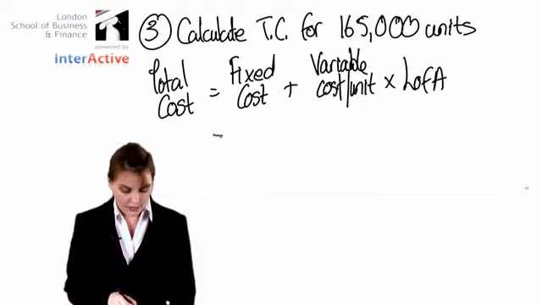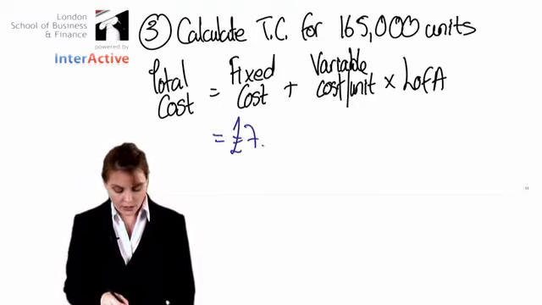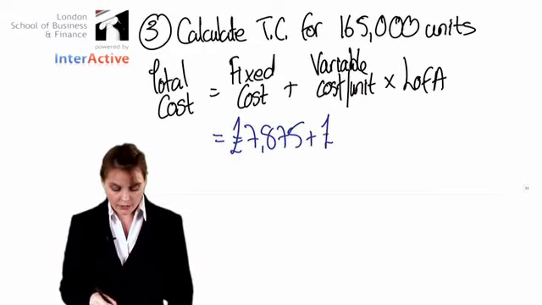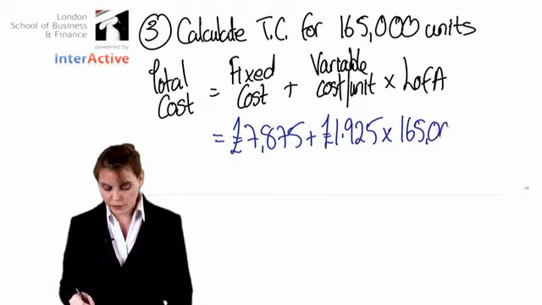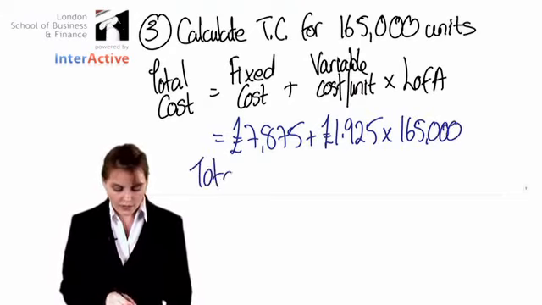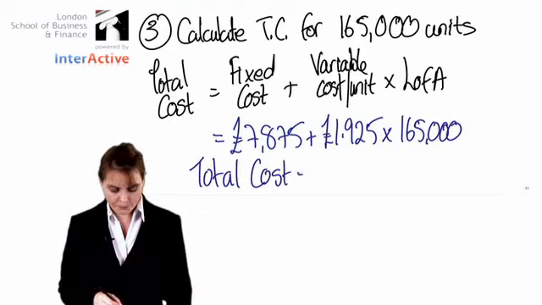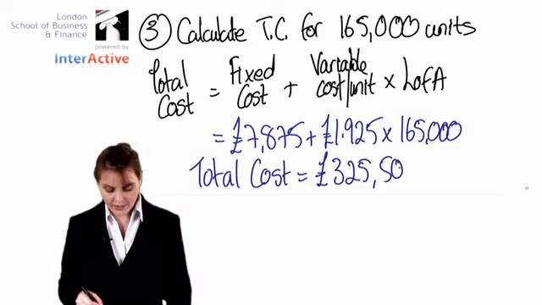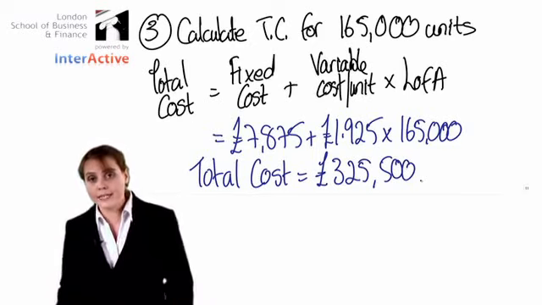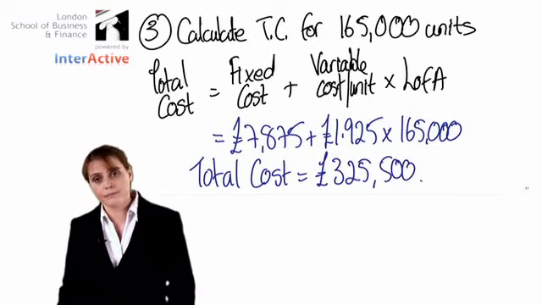So our total cost then is equal to our fixed cost of 7,875 plus our variable cost per unit 1.925 multiplied by the number of units we're producing. So our total cost, if you work that through, will be 325,500. And that's our 3 steps complete.